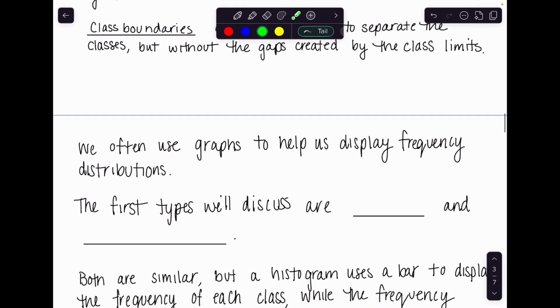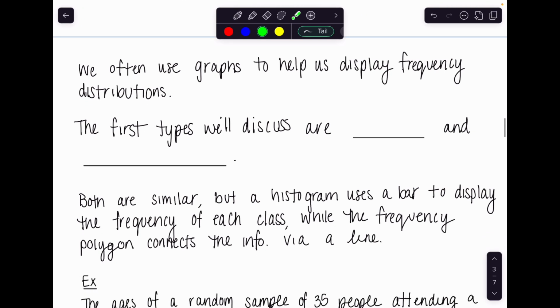So what we're going to do is specifically talk about graphs that we can display with these frequency distributions. So once I have the data collected and organized, what's one way that we can visualize what's going on? We'll discuss quite a few, but the first types we're going to discuss are histograms and frequency polygons.